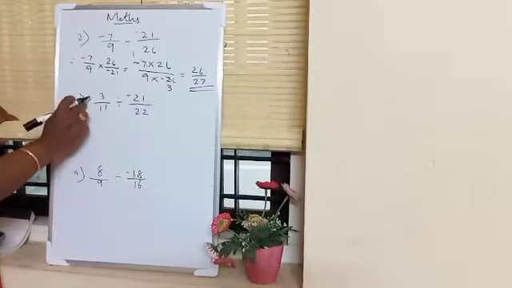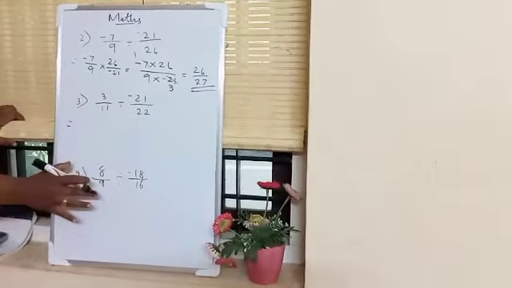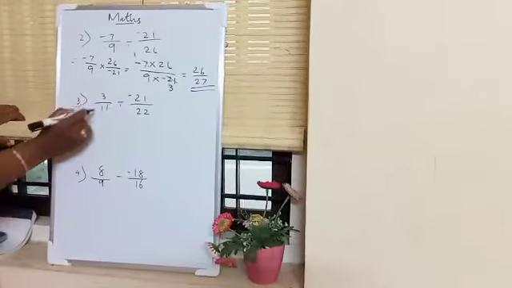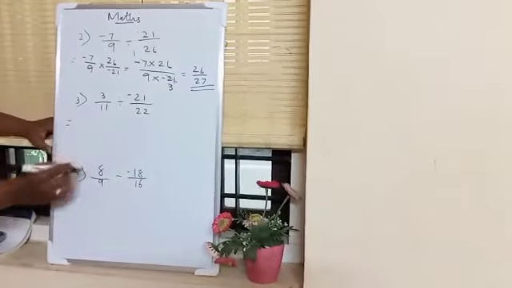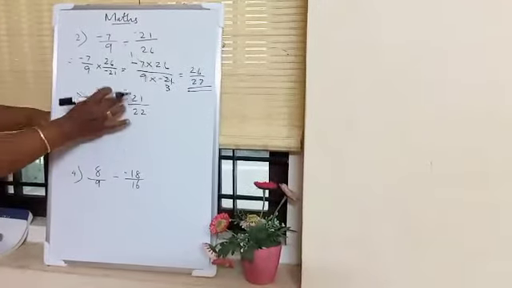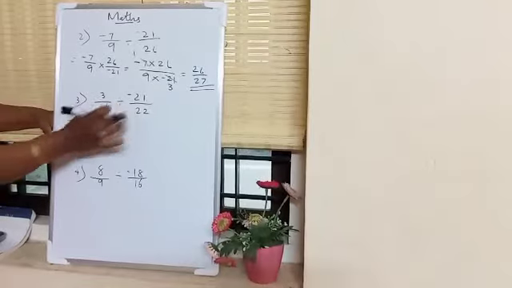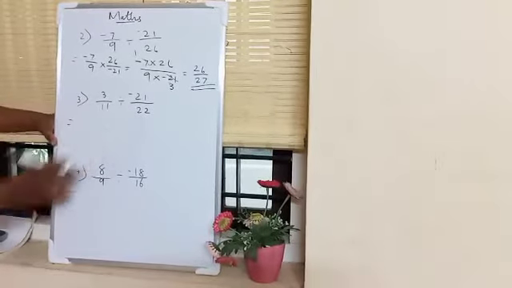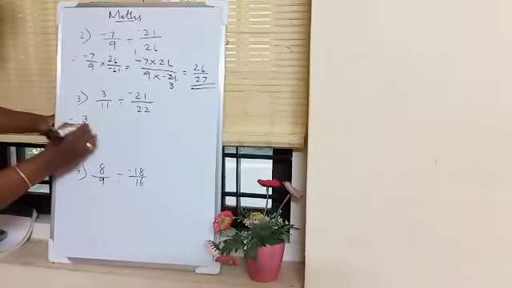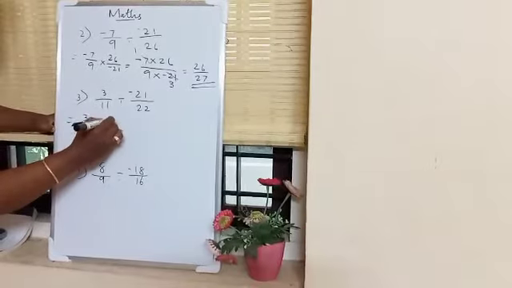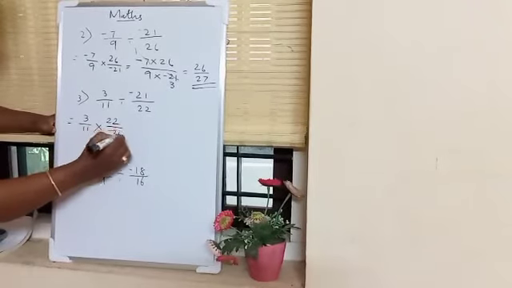Next question, you must write in your notebook. 3 by 11 divided by minus 21 by 22. We find the reciprocal of negative 21 by 22, that is 22 by negative 21. 3 by 11 into 22 by negative 21.